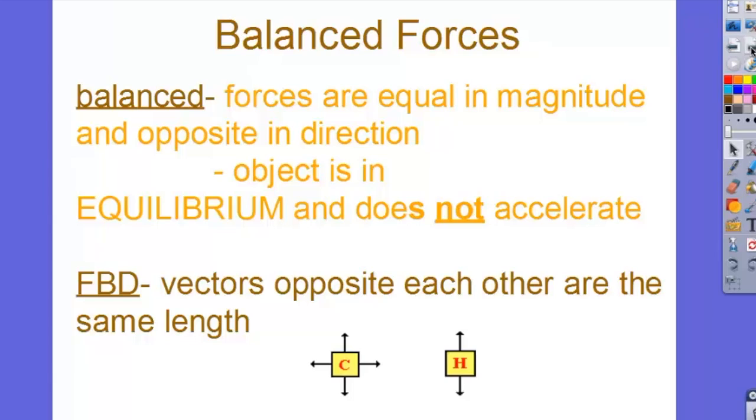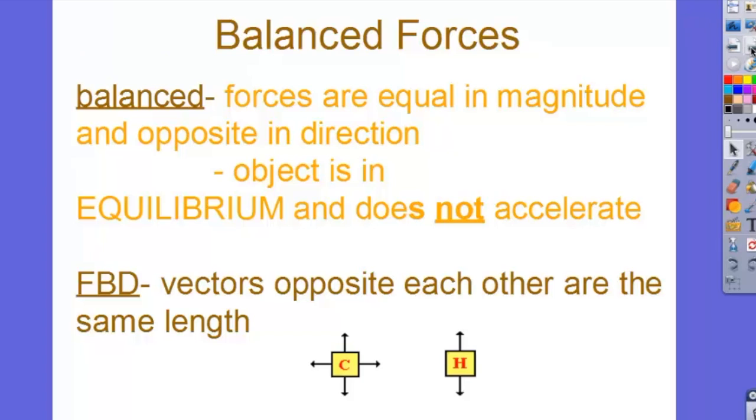So I know that object C is either moving with a constant speed or velocity, or it's at rest. Object H has balanced forces vertically, so it either has to be at rest or moving at a constant velocity. It's very important to understand that free body diagrams do not show you the direction of motion. They simply tell you whether or not the forces are balanced, and therefore whether or not the object is accelerating.